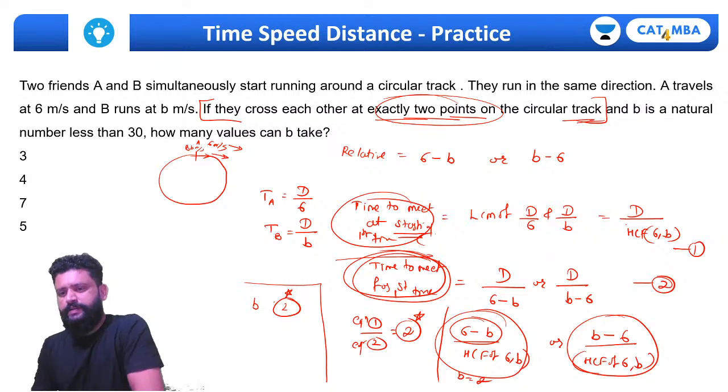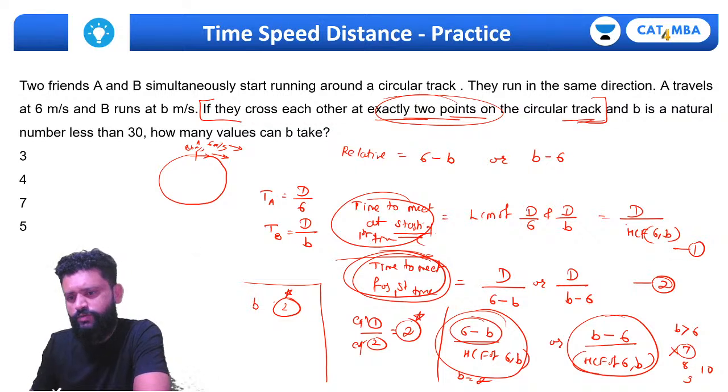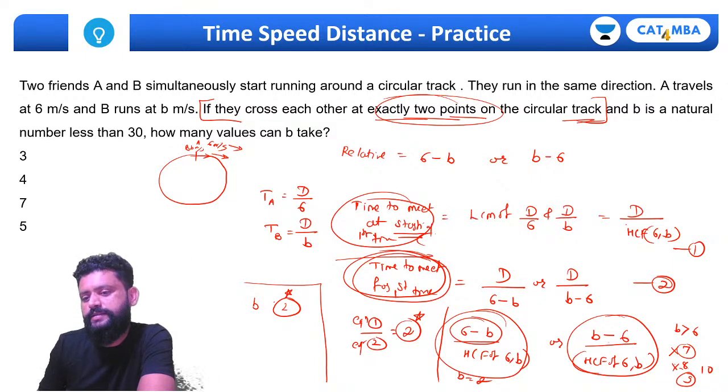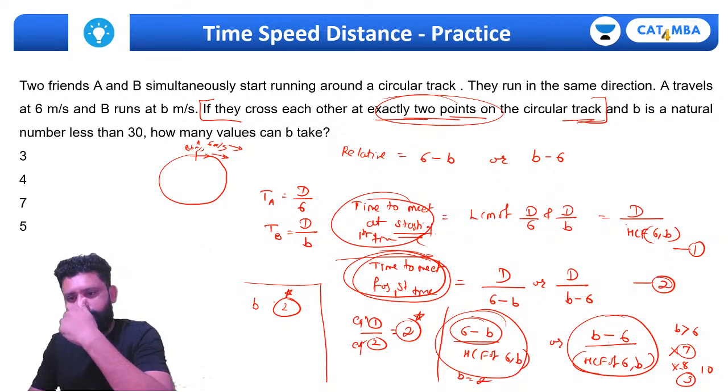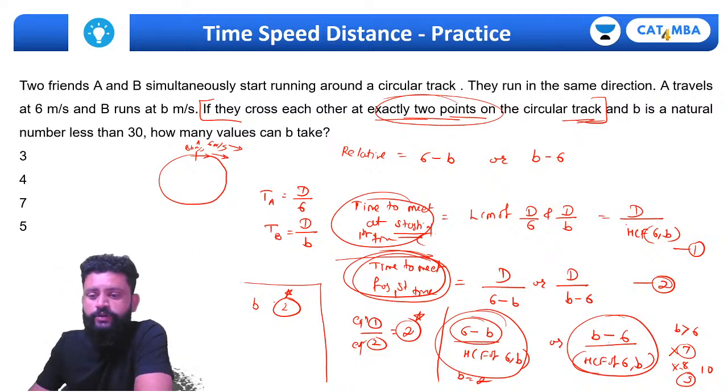And if this is the case, this difference divided by the HCF, definitely b's value should be greater than 6. You can try for 7, 8, 9, 10. If you try 7, it won't work: 1 upon 1, and we want this to be 2. 8 minus 6 is 2, and the HCF of 8 and 6 is 2, so it comes to 1, no. 9 minus 6 will be 3, and the HCF will be 3, so 3 divided by 3, it won't work.